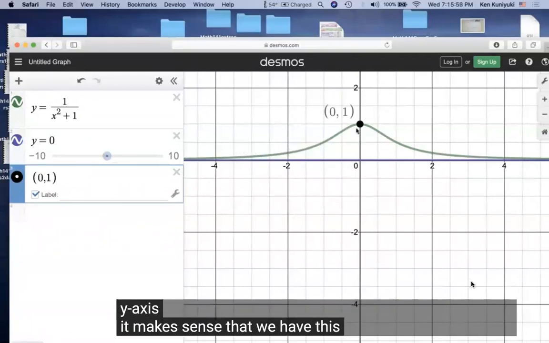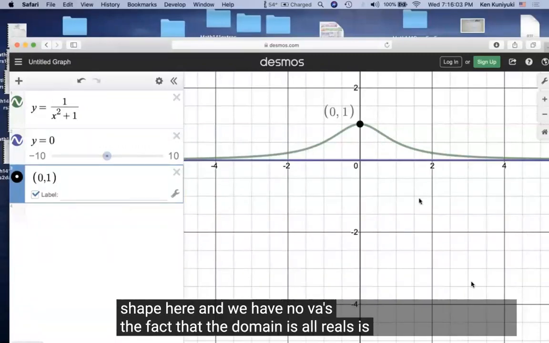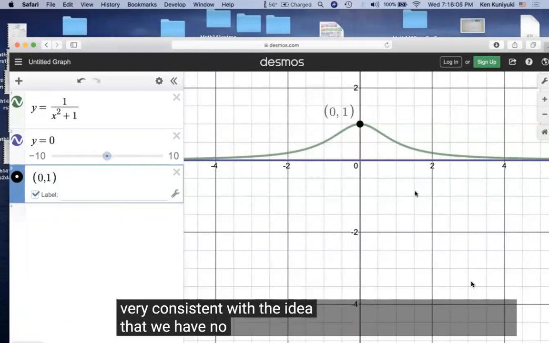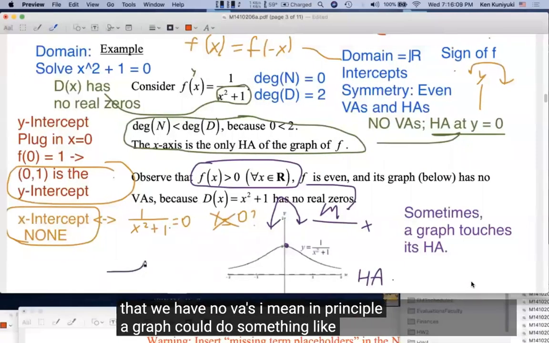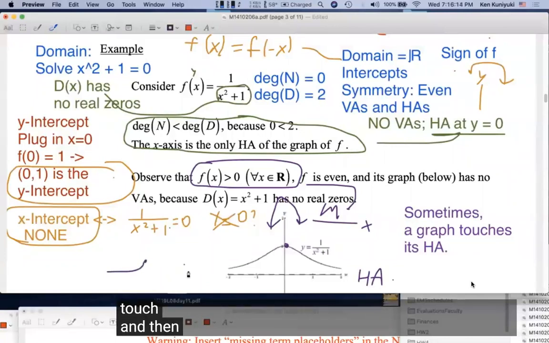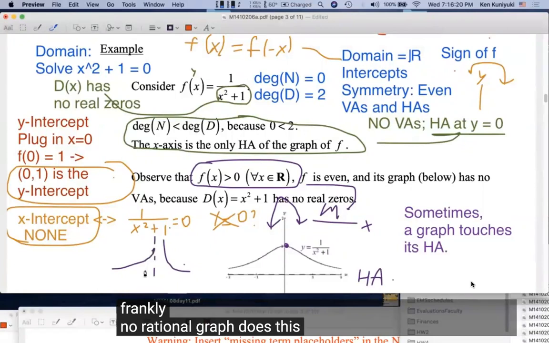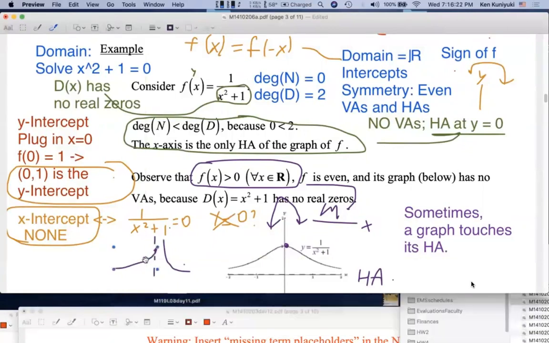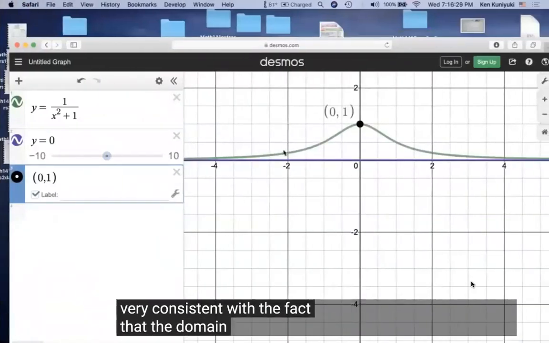It makes sense that we have this bell shape here. And we have no VAs. The fact that the domain is all reals is very consistent with the idea that we have no VAs. In principle, a graph could do something like this, touch and then explode over here, but no rational graph does this, quite frankly. So the fact that we have no VAs is very consistent with the domain being all real numbers.